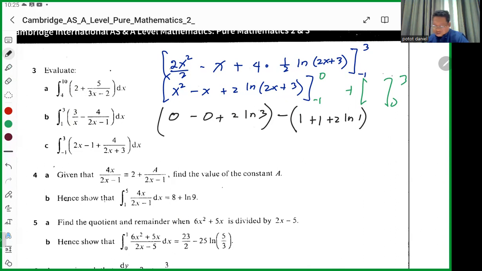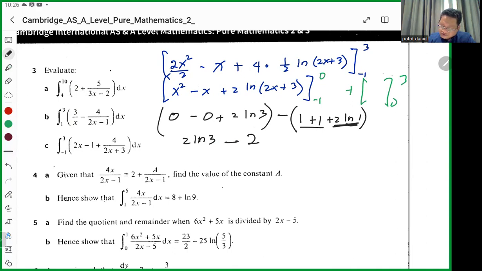Now let us simplify. This is now 2 ln 3 minus, 1 plus 1 is 2, ln 1 is 0, so minus 2. So 2 ln 3 minus 2.